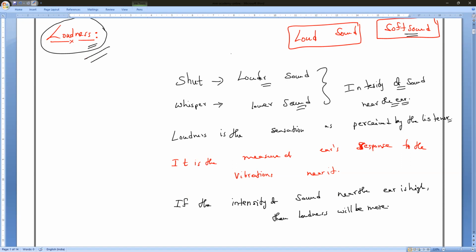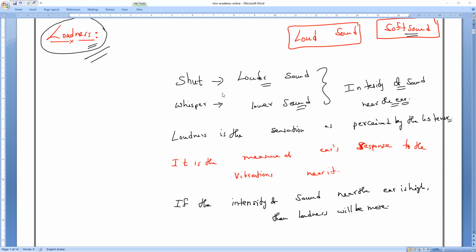These are the points you need to describe about loudness. Loudness is a characteristic property of a sound which helps us distinguish between loud sound and soft sound.